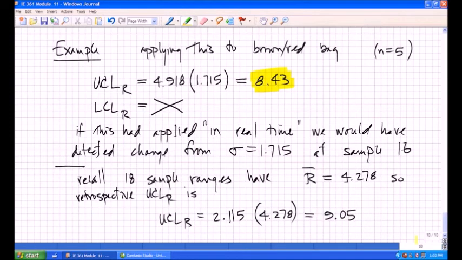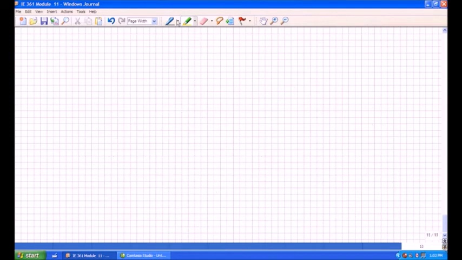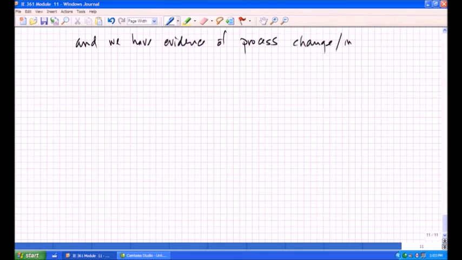So the point here is that we have evidence of process change or process instability in these 18 ranges.